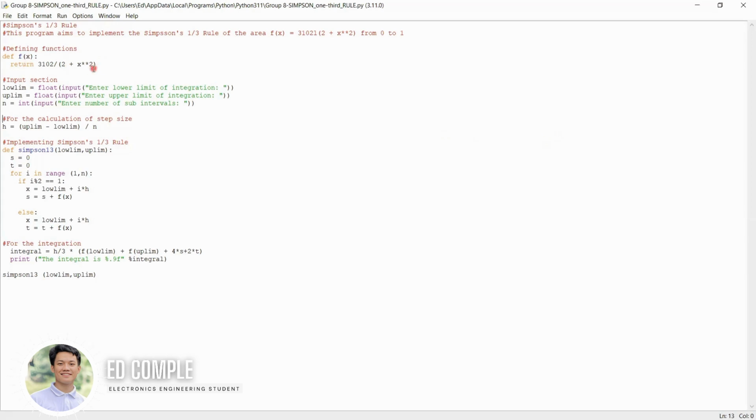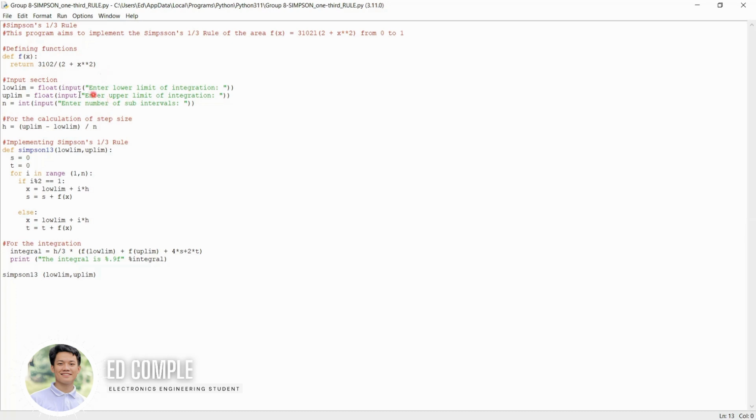So we have the equation of the current as 3102 all over the quantity of 2 plus x squared. So 3102 all over 2 plus x squared will be our f of x. So f of x, let's say, is the current in a certain circuit. So here, this is the function we are going to integrate with the help of Simpson's 1/3 rule.